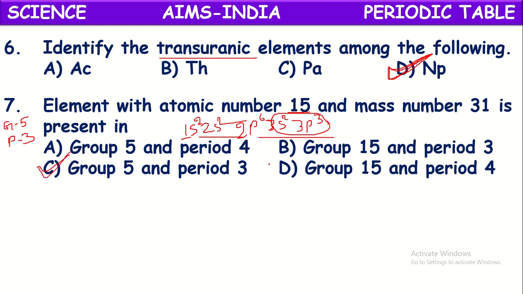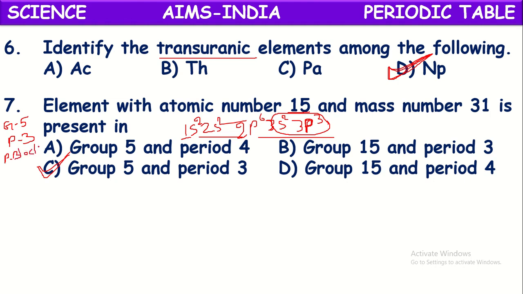And we can also say the subgroup and block. The subshell in which the differentiating electron, or last electron, of that element is present gives its block. For this element, the differentiating electron is present in the p subshell, so it is a p block element.